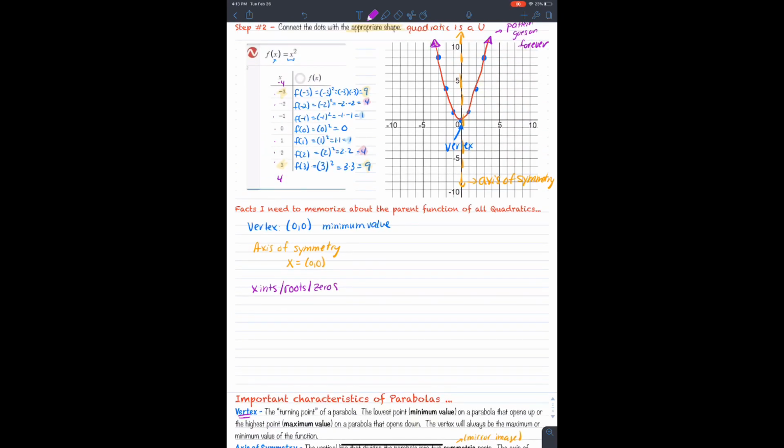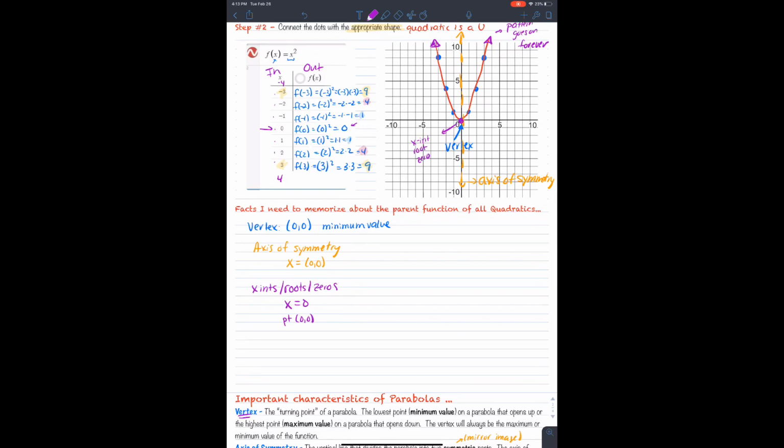If I look at my table, the only value I plugged in to get an output of 0, remembering inputs and outputs, was 0. So the only x-intercept or root is at x equals 0, or we could say the point 0, 0. This right here is our x-intercept, it is a root, and it is also a zero.